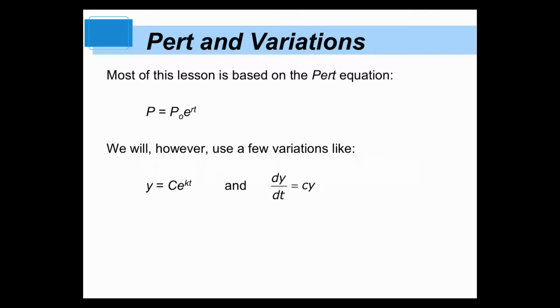What's another word for derivative? It's a derivative, it's slope of the tangent line, and rate of change. We're going to use the rate of change thing. So this is the rate of change of y with respect to time. So we're going back to problems involving time. And again, c is a constant and y is whatever it is we're talking about.